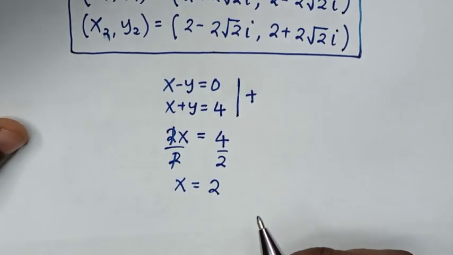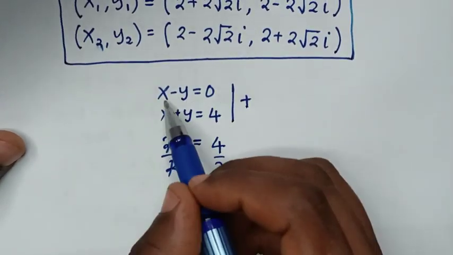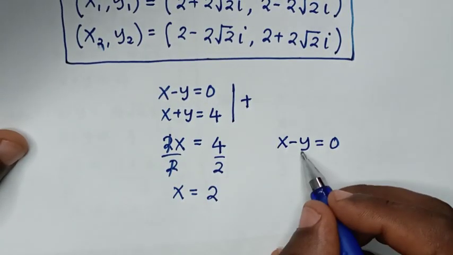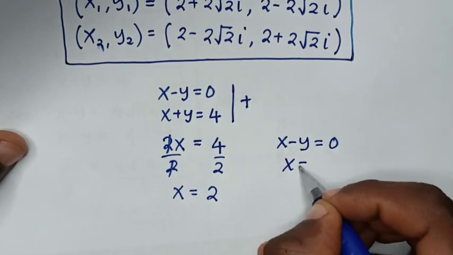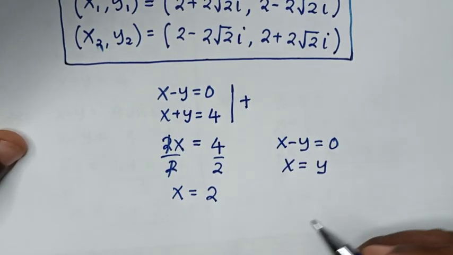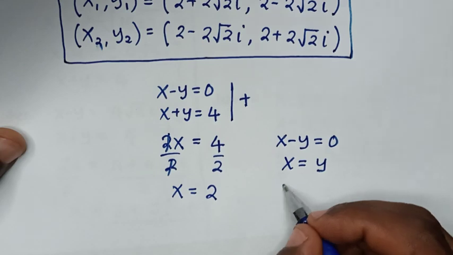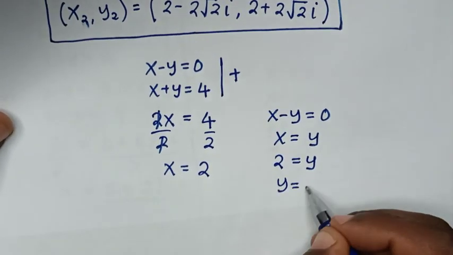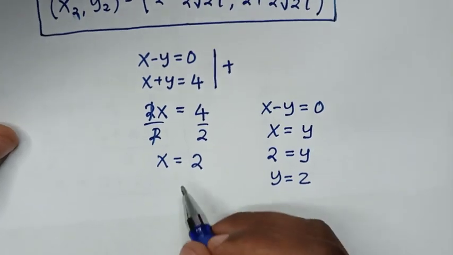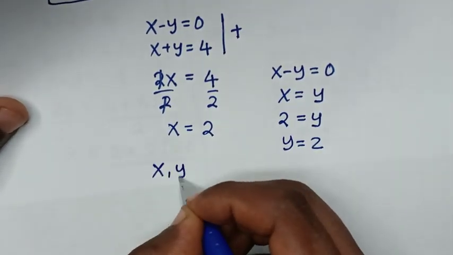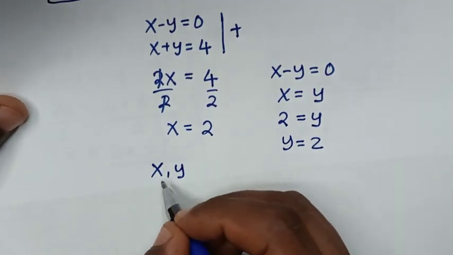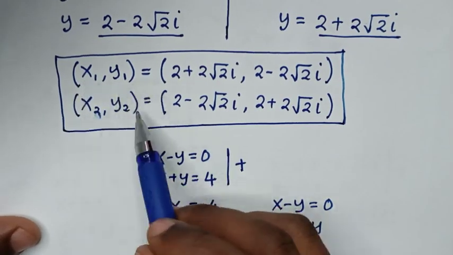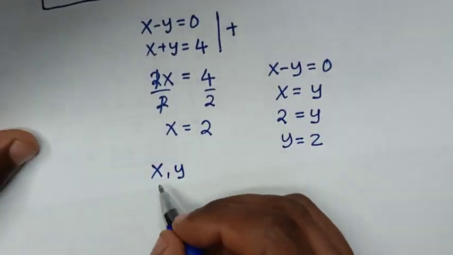Then to get the value of y from this first equation here, x minus y is equal to 0, we'll take negative y to the right side. It will be x is equal to y. Now we already got the value of x is 2, so it will be 2 is equal to y. Therefore y is equal to 2. So conclusion, x comma y, this first solution, second solution, this we call the third solution.